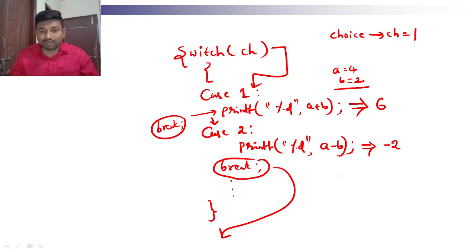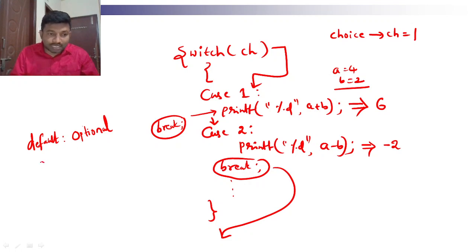That is one point I want you to understand. And in fact, default is optional. Default is purely optional. Either you can write it or you can omit it. It is not an error. These are the two more important points. Also, sometimes you may write, for example, case 1 or case 3 or case 5, let it be case 7 also.